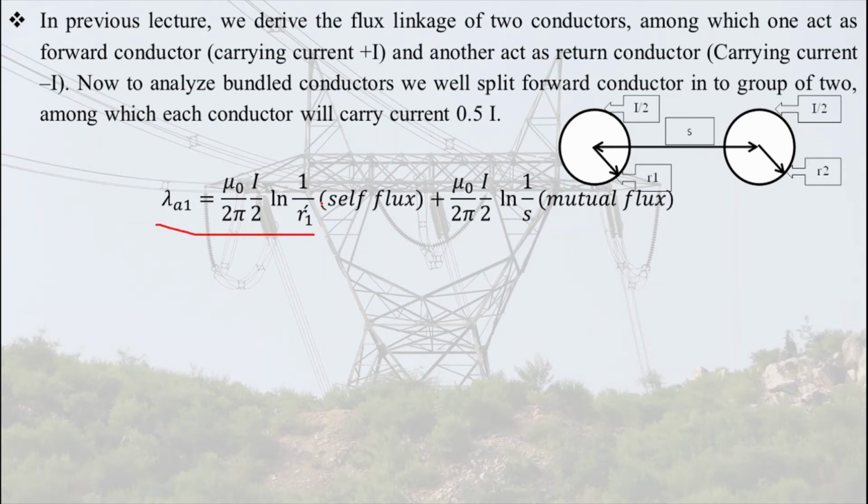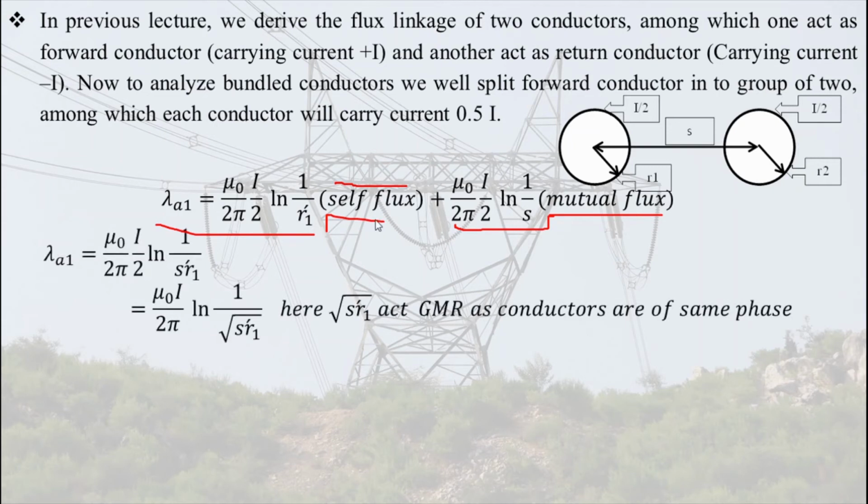This is self flux. Now what is mutual flux? This mutual flux will be due to conductor 2. So it is equal to mu naught I upon 2 pi into 2 ln 1 by s. S is the distance between these two conductors. So finally we get total flux linkage of conductor 1 is equal to mu naught upon 2 pi, I by 2, take it common, ln 1 by s r dash 1.